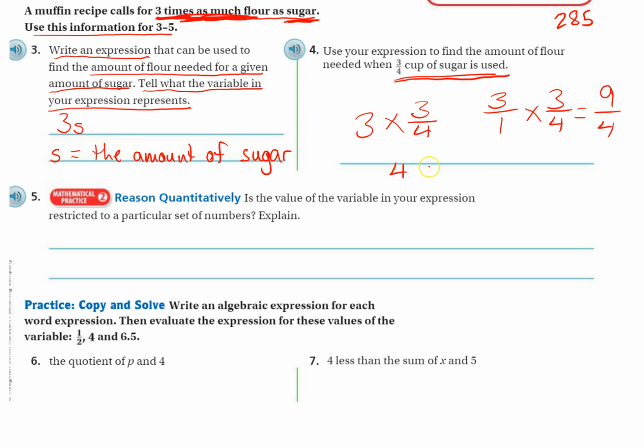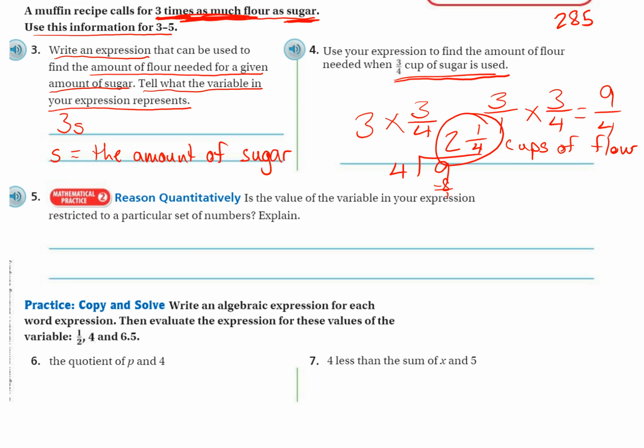And then I divide my denominator into my numerator. Denominator stays the same, 4. It's going to be 2 and 1/4. So I need 2 and 1/4 cups of flour if I'm using 3/4 cups of sugar.